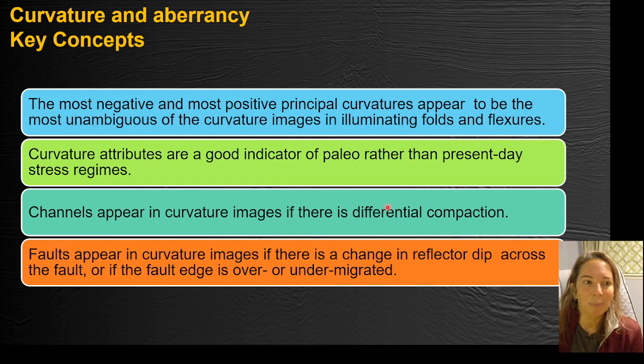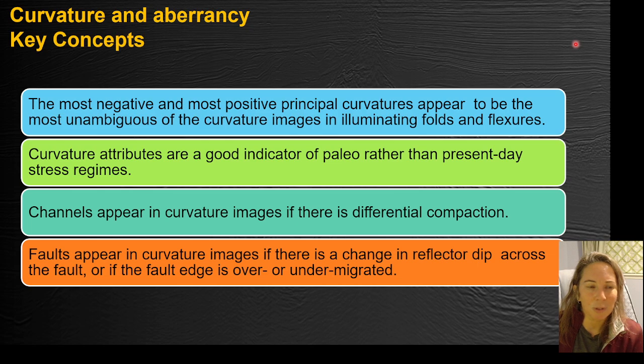All right, to wrap up this lecture, I talked about a couple of different geometric attributes: dip, azimuth, dip magnitude, coherence, and now curvature, the shape index, and aberrancy. We want to keep in mind that all of them can show us something very different.